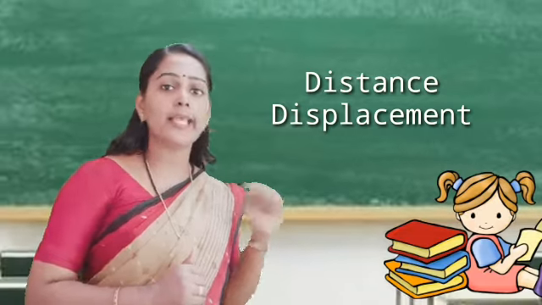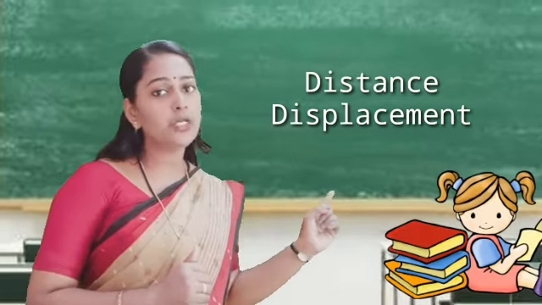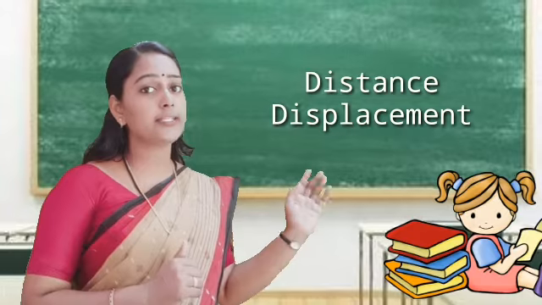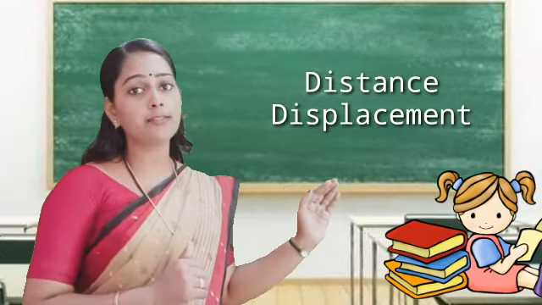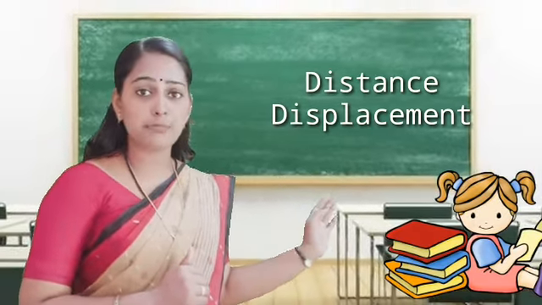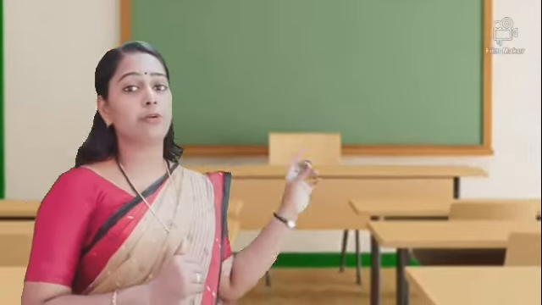The unit is the same and the letter is also the same. There is only one difference: distance is the total path and does not depend on direction, while displacement is the shortest distance from the initial to the final position of an object. Let us solve some problems.